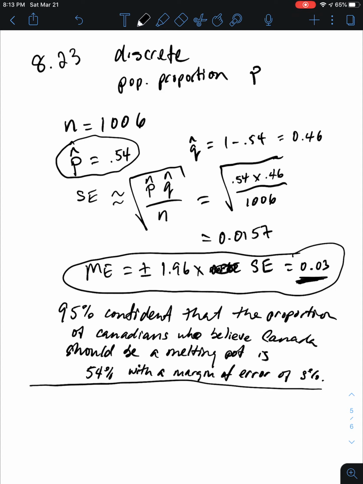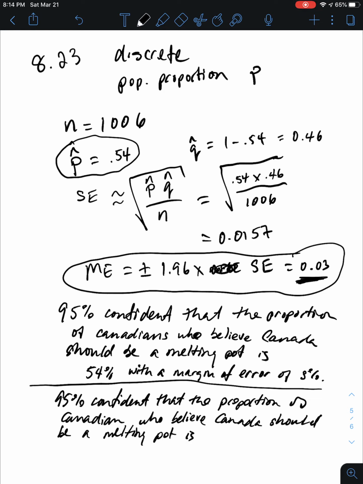Another way, which I find helpful to think about, is that we're 95% confident that the proportion of Canadians who believe Canada should be a melting pot is between 51% and 57%.